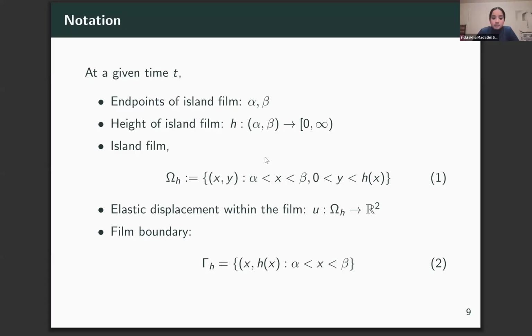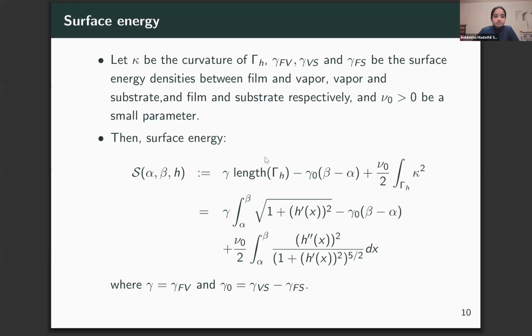Omega h is the subgraph of h, which is the area under h. The elastic displacement within the film u is a function from omega h to R2, and the film boundary is denoted by capital gamma h, which is the graph of the function h.